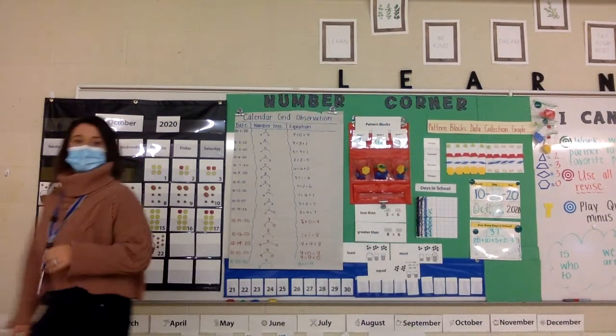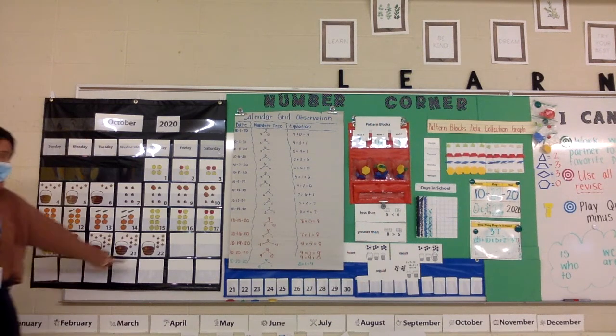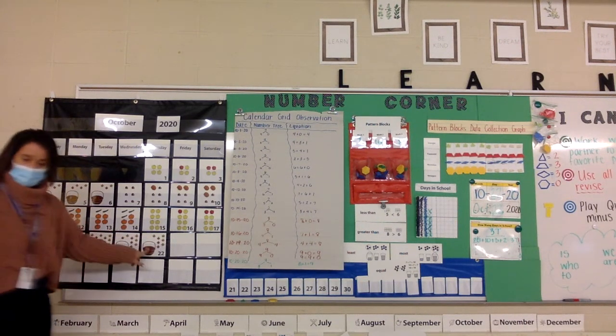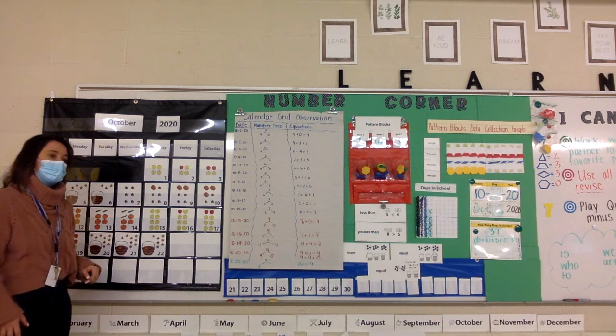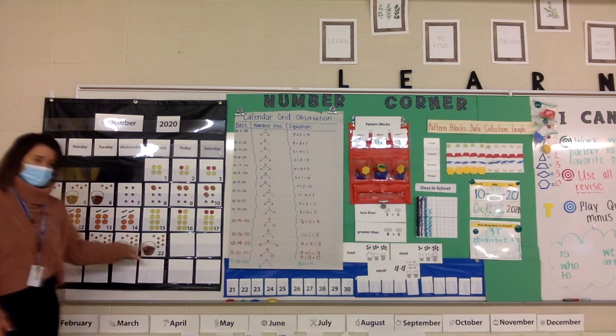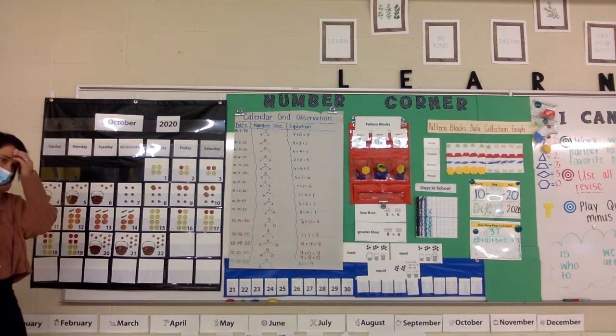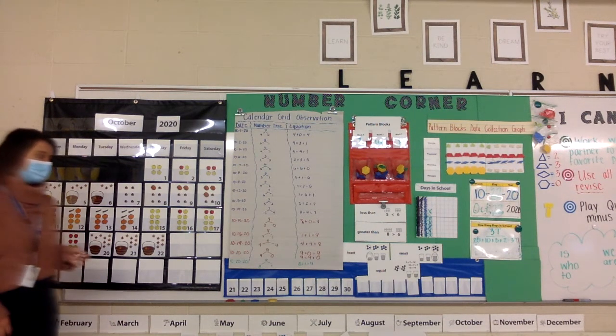All right, let's take a look at our calendar. Yesterday we said how many leaves altogether? Dominic? 22. How many leaves? Go ahead, buddy. One in the basket. Can you see them? How about you come a little bit closer?